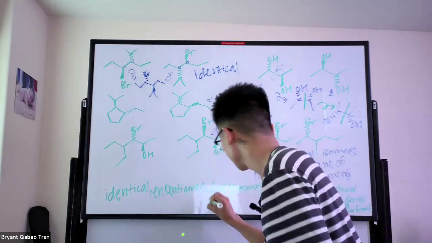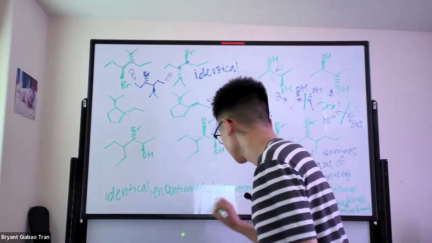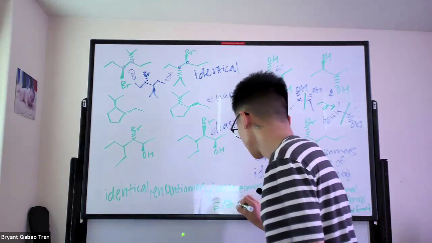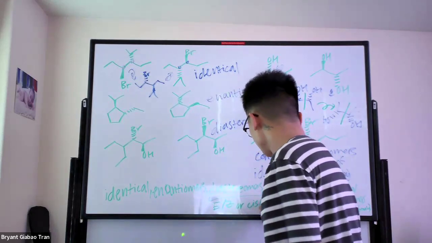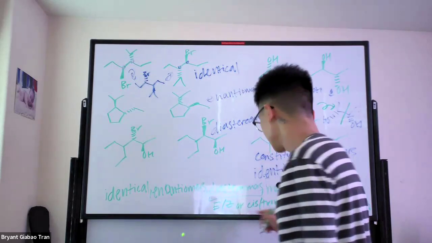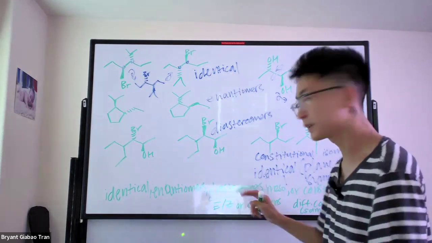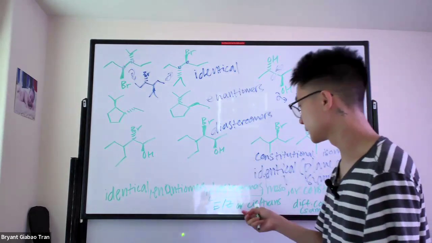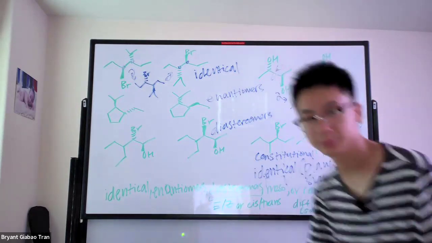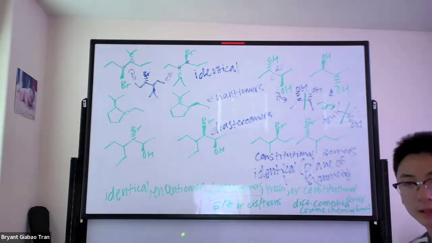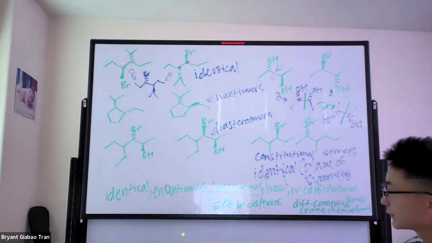And diastereomers, another example of that is the E or Z alkenes, or cis and trans. But you can only use cis or trans if there are exactly two substituents on the alkene, exactly two groups on it. If there are more than two groups, then you use the E or Z naming system or nomenclature. Okay.